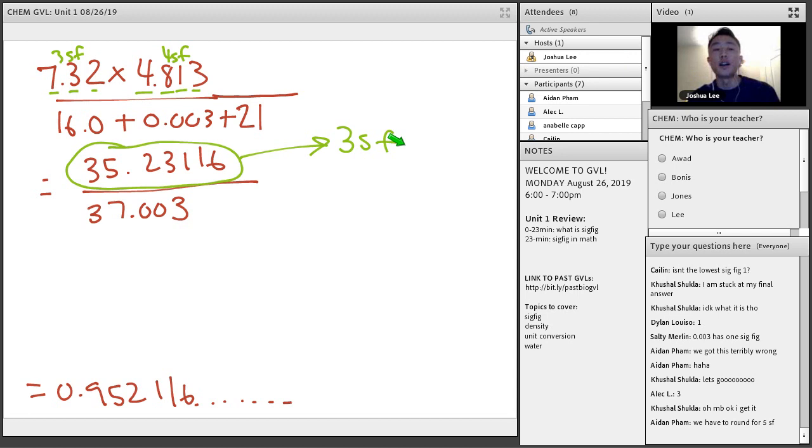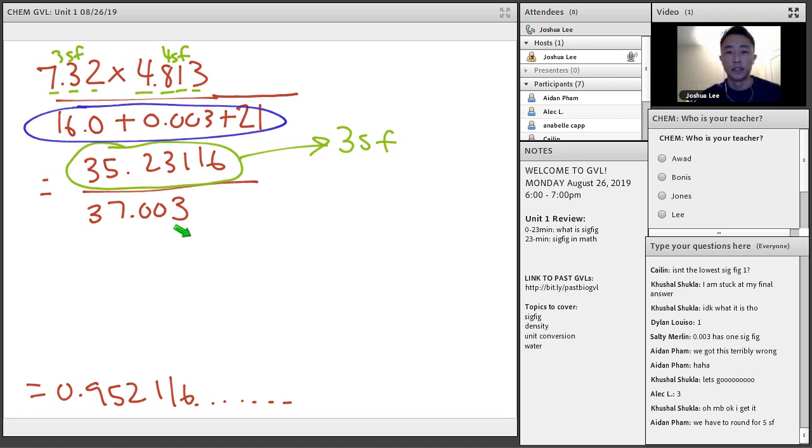So my denominator, though, I was adding and subtracting. If I just do the adding and subtracting off to the side, I'll do it in a different color, blue-ish. I want to figure out how many sig figs that is. So I do 16.0 plus 0.003 plus 21.